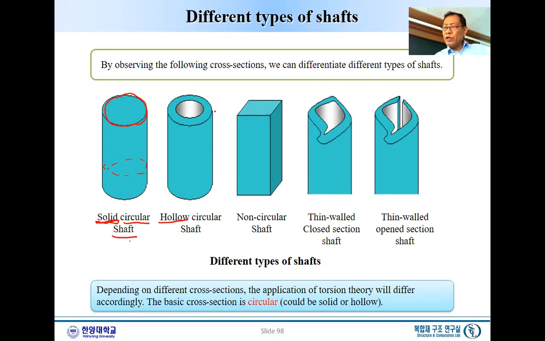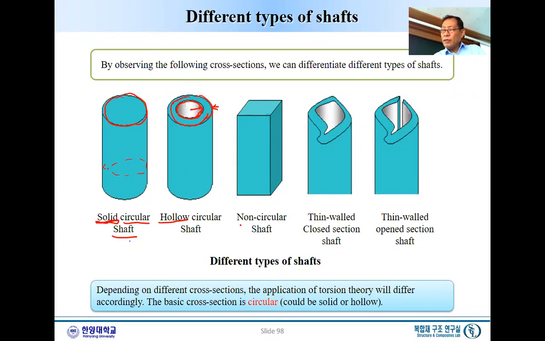Well, for the hollow circular shaft, as you can see here, the shape is circular as a solid, but here we have a hollow. We have a big hole, and theory-wise, this can be simpler. The hollow circular shaft is theory-wise simpler than solid.